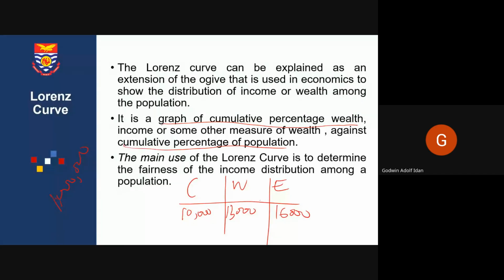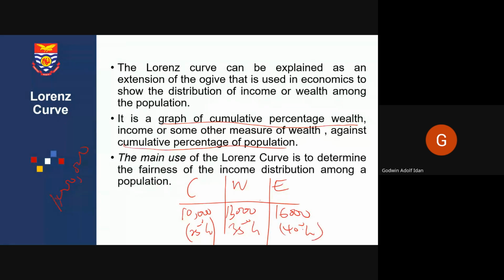So for example, if central region is representing, let's say, 25%, and then Western is representing, let's say, 35%, and then Eastern is representing 40%.